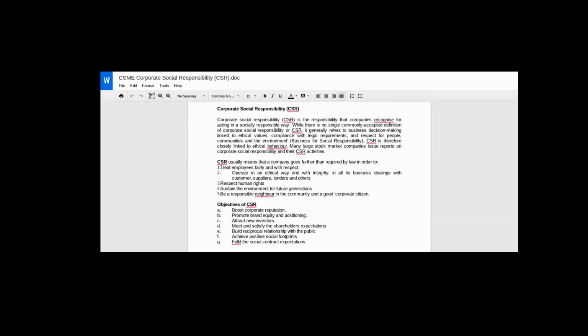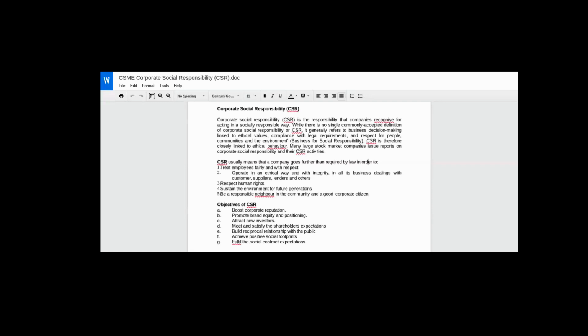It is informing us that despite the fact that there is no law that stipulates that it is a must, that the company must do this to the society, to the host community, to the government, yet a lot of companies find it fit, on moral and ethical values, that CSR is necessary.